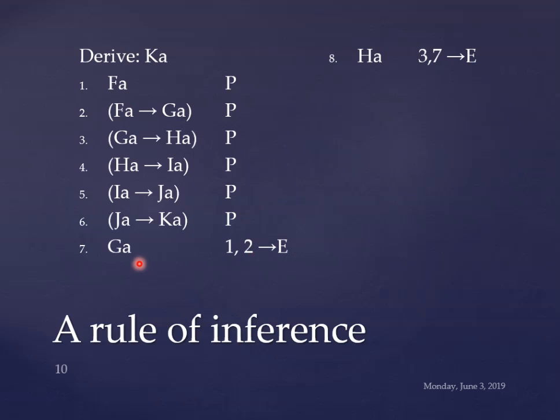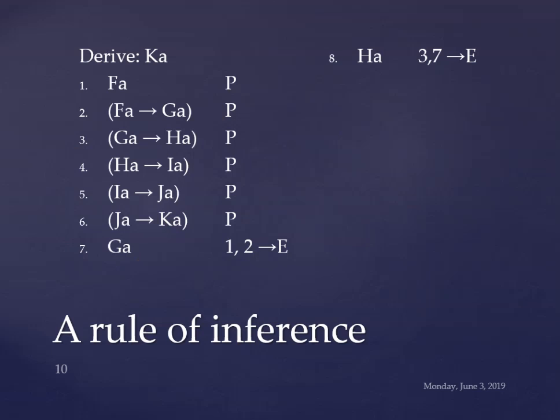Ga is derived from Fa and Fa arrow Ga by the rule of inference called conditional elimination. Now I'm able to get Ha because now I have Ga. So I derive Ga, and that becomes something I can use. Notice that I have Ga arrow Ha. Here's the Ga, and now I can derive Ha from lines 3 and 7.